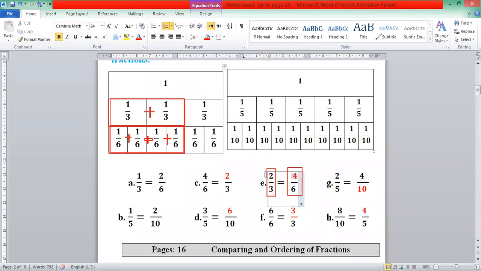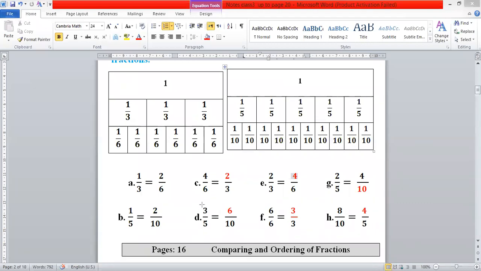Next one is part D, 3 over 5. So first we go to the table, first table.